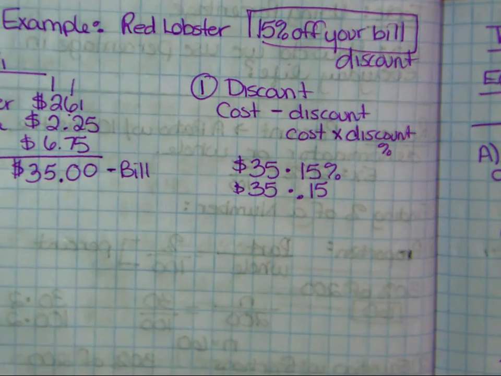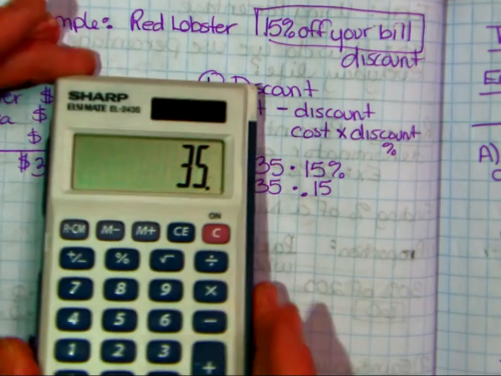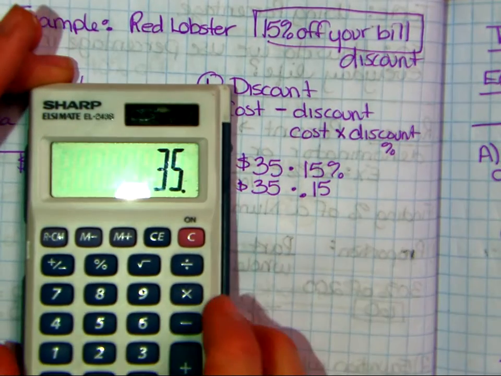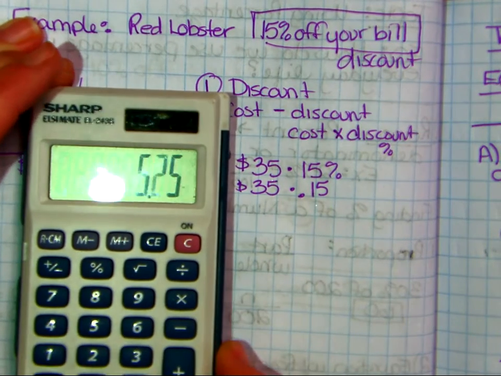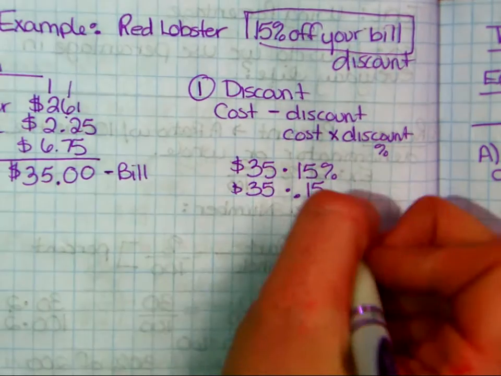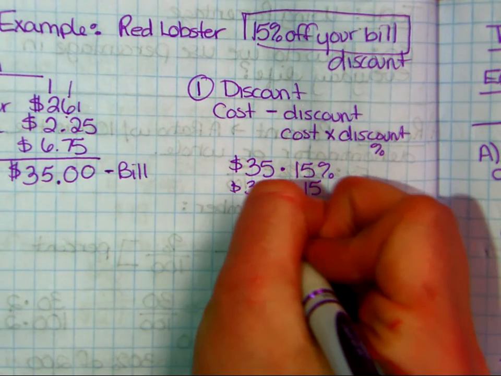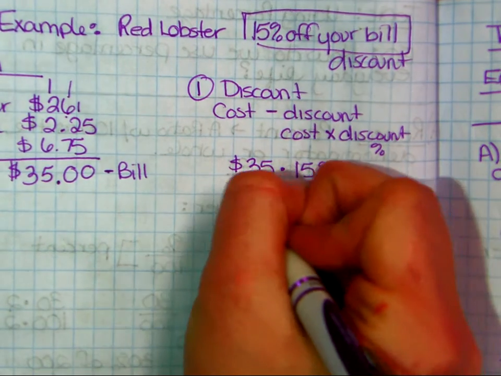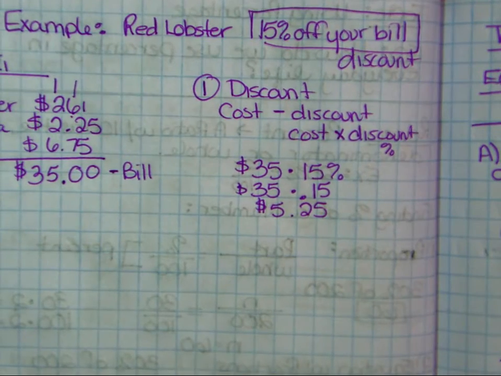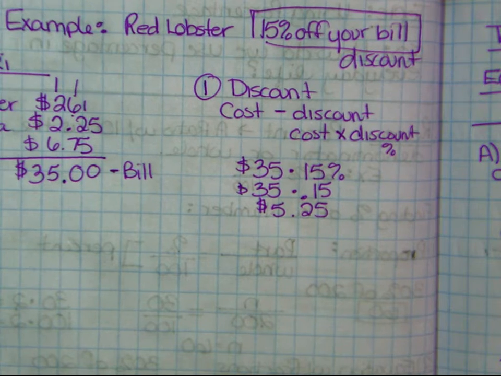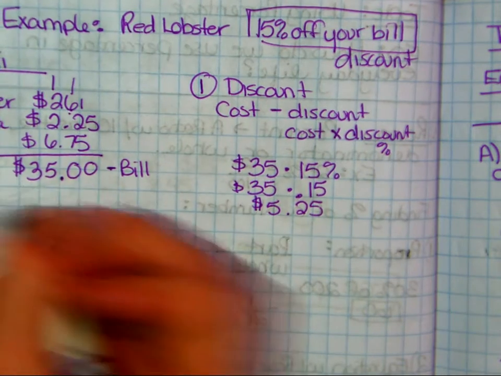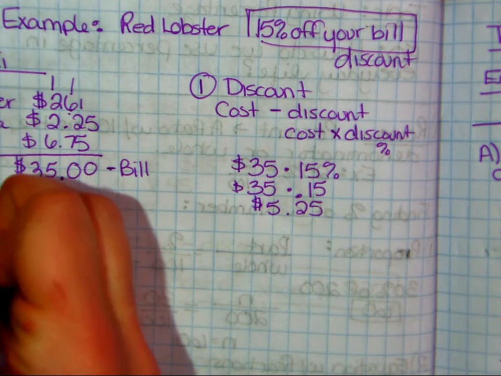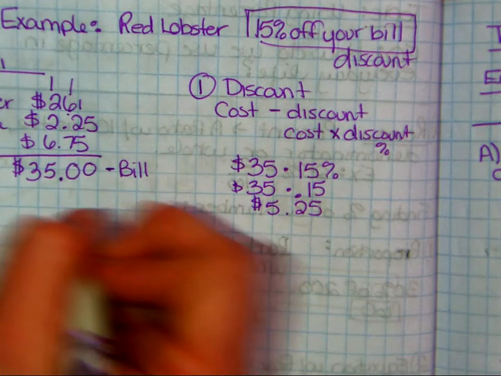Now we're going to be real. In the real world, we would be using a calculator at the store. And I would do 35 times 0.15, and I get $5.25. It's her discount. What do I do with that discount? Kiki, what do I do? You subtract it from your bill. Yeah, so I take my bill, my cost, and subtract my discount.